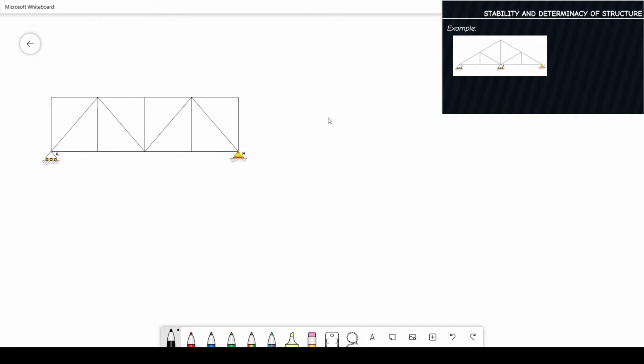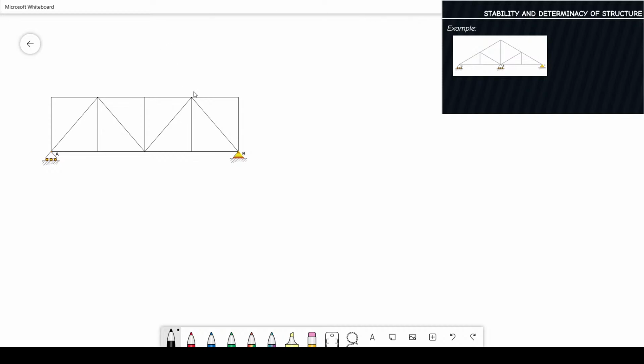Okay, so we have this truss. By the way, can we call this structure a truss? So by definition, a truss is a structure composed of series of triangles.